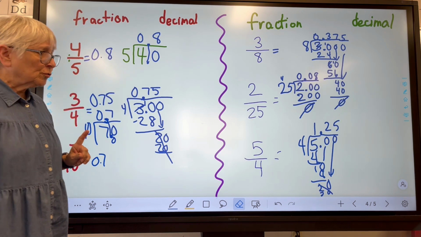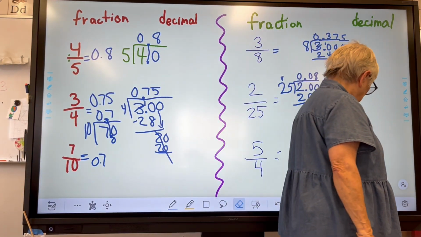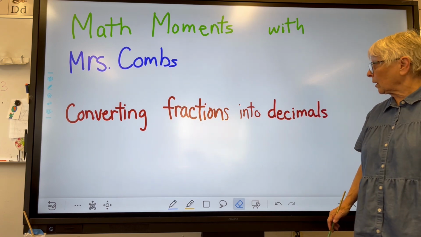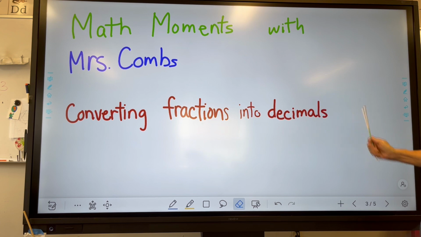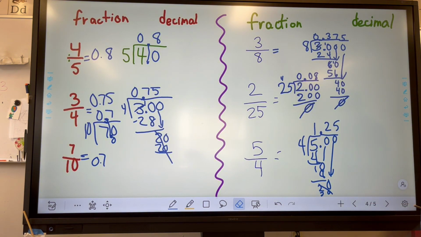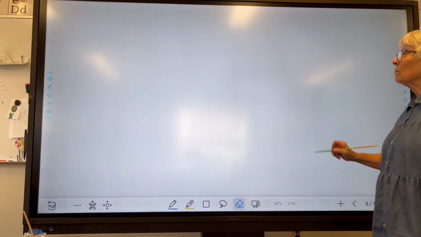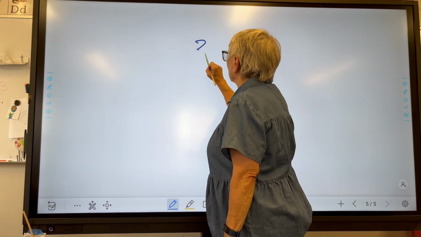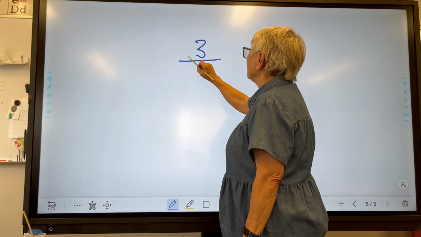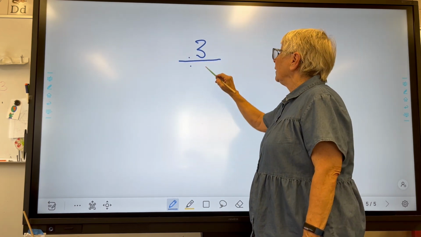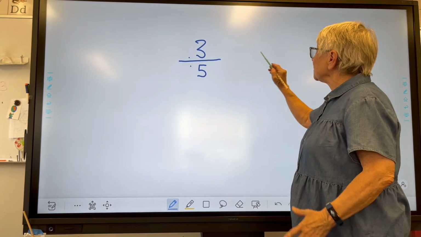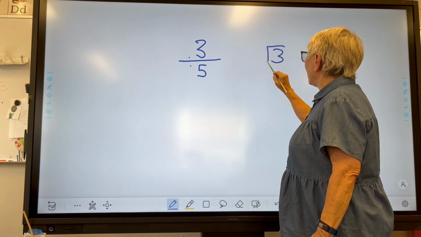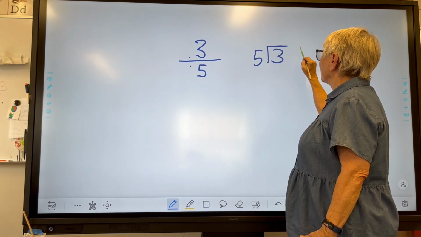So that's what you do. When you're converting a fraction into a decimal, you remember the division bar. 3 divided by 5 means 3 divided by 5.